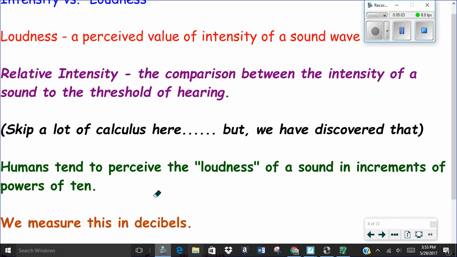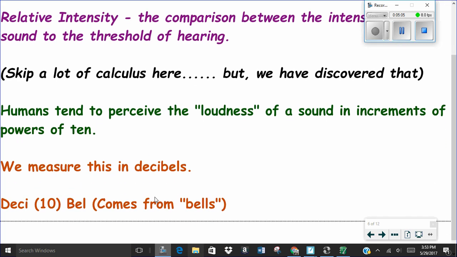That's why we get the term decibel. We can break that term down into deci meaning 10, bell meaning a bell that you can ring. So the term decibels as a measurement of loudness literally means how many increments of 10 bells.